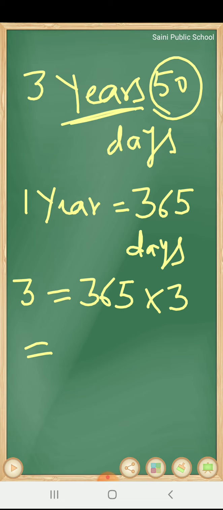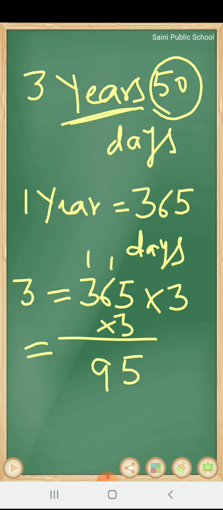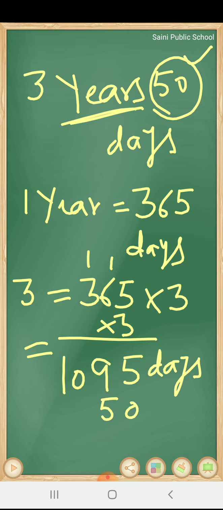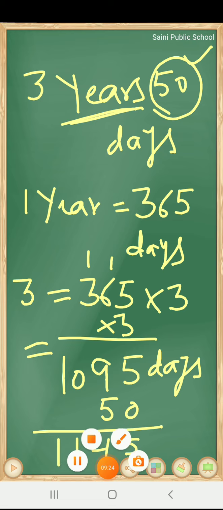Multiply the number by 3. 3 fives are 15, 1 carry. 3 sixes are 18 plus 1, 19, 1 carry. 3 threes are 9, 9 plus 1, 10. 1095 days. Now 50 days are already given to us. We will add 50 to this number. So here 5, 9 plus 5, 14, 1 carry, and here 1. So 1145 days.